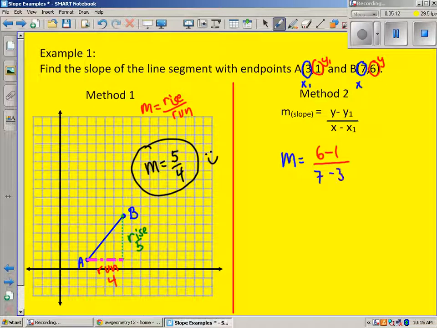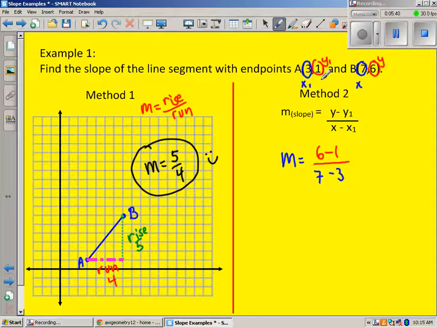Now, one thing I always tell my students is to be very careful on these, because if you mix up, like if I would have done 3 minus 7 and switched them around because I was being careless, I'm going to get the wrong sign on my slope, which means the line's going the wrong direction. The other thing I tell people to look at is notice that the 6 and the 7, which is this ordered pair, are stacked on top of each other. Notice that the other ordered pair, 1 and 3, are also stacked on top of each other.